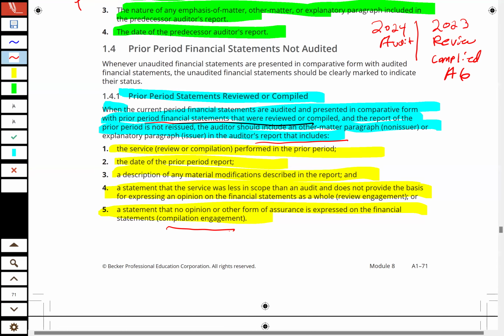If it was a review, then we would have said, hey, it's less in scope and we're not giving an opinion, and we don't get into the whole issue that it's negative assurance and stuff, but we say that it's less in scope. If it's a compilation, we say, hey, we're provided no assurance on that. Okay, flashcard that.